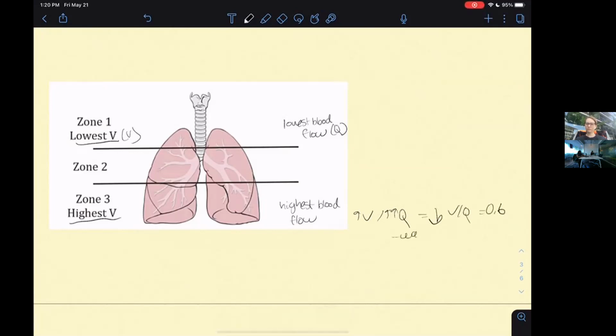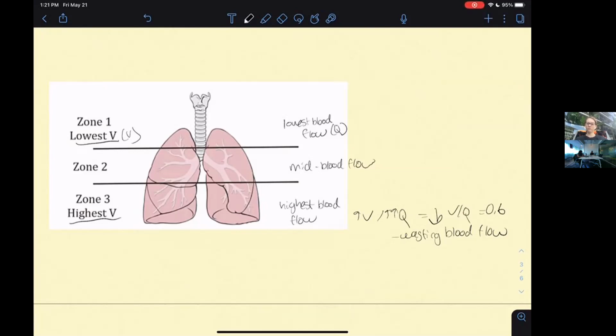You're wasting blood flow at the bottom of your lungs because it's very well perfused, but there's not enough ventilation to do gas exchange to the fullest extent. Zone 2 has mid blood flow and mid ventilation, so that's probably the most efficient it can be for the lung.